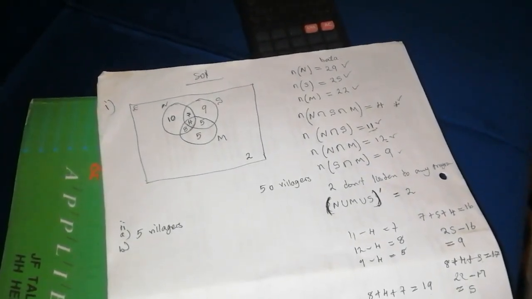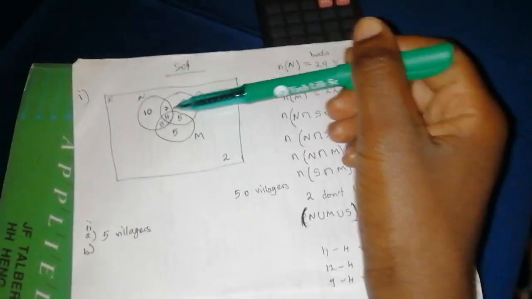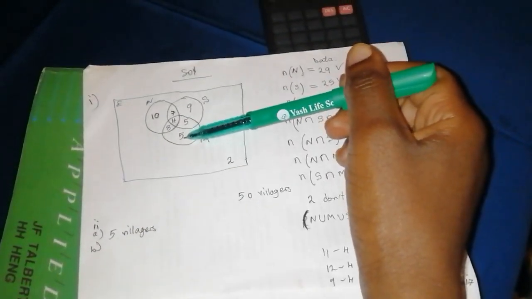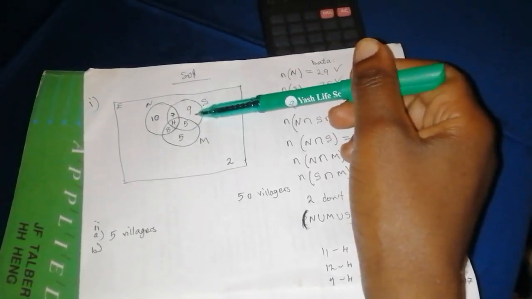Then 2b says how many villagers listen to one type of program only. Again, when you look at your Venn diagram, 5 only listen to music, 9 listen to sports only, 10 listen to news only.